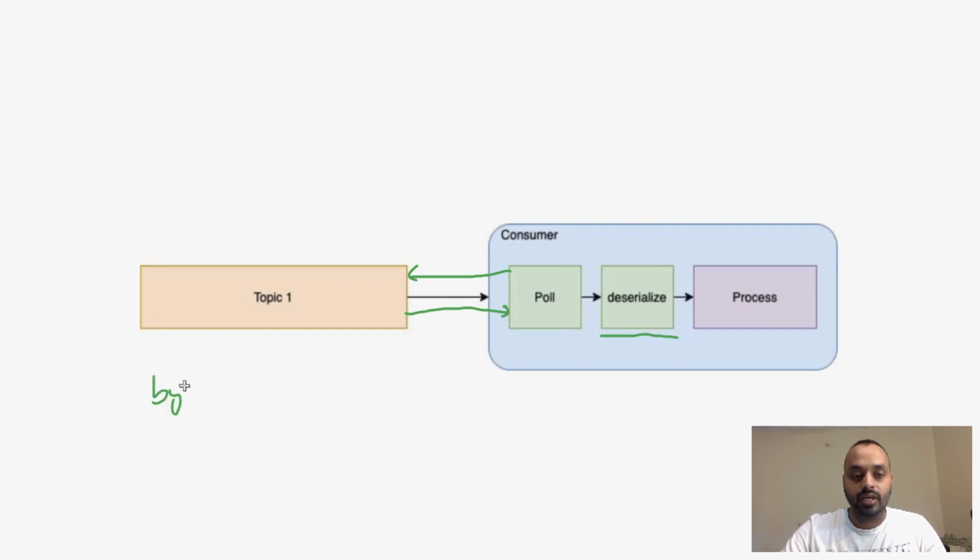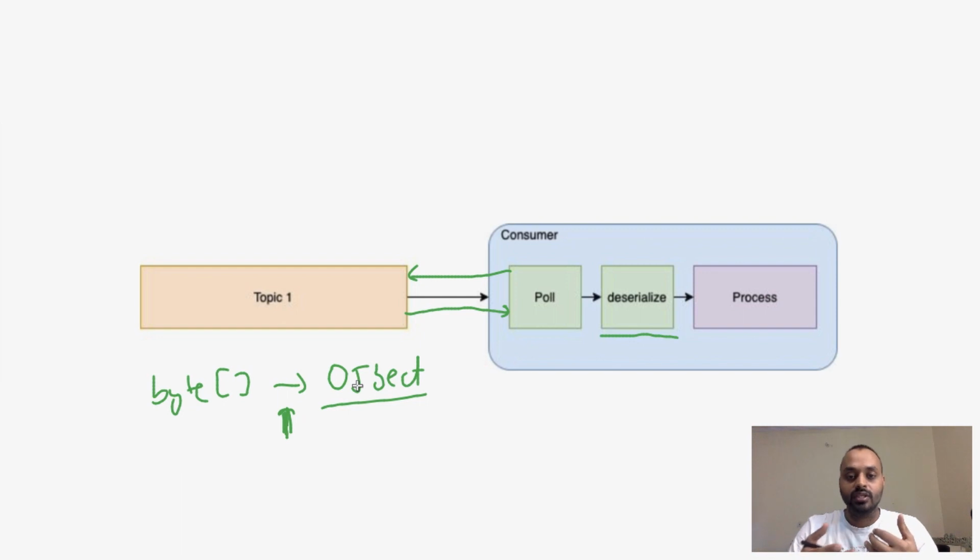We know that data is in bytes, and it needs to be converted to some object. While producing that message we serialize that data, and while consuming it we need to deserialize that data to an object.